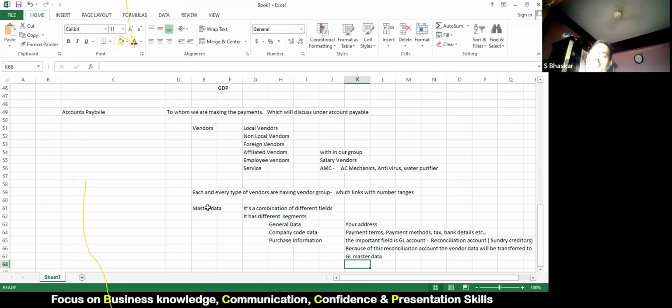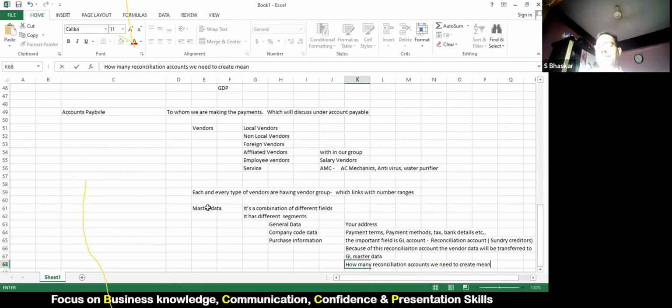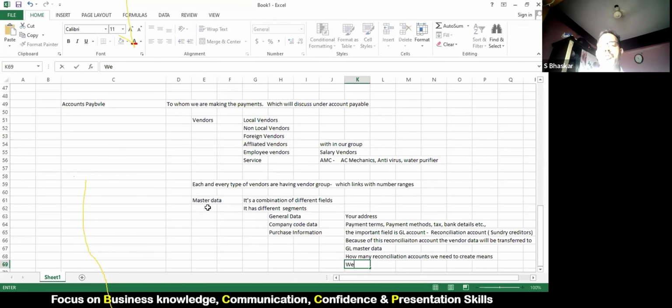So how many sundry creditors you need to create? You have to check the client balance sheet. So how many reconciliation accounts you need to create, we have to refer to the client balance sheet.